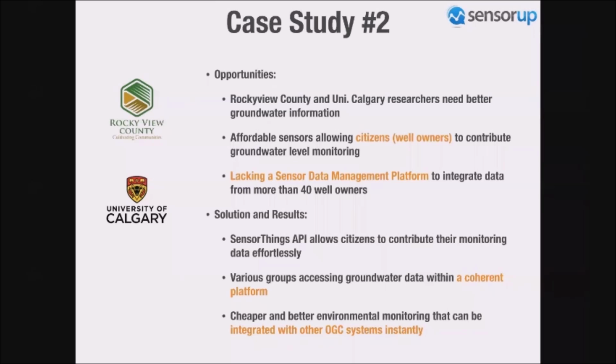We work with the University of Calgary and Rocky View County. The opportunity here is as follows. Sensors are becoming affordable, allowing citizens, in this case groundwater well owners, to contribute to groundwater monitoring. However, in this case, there was no sensor data management platform to integrate data from more than 40 well owners.